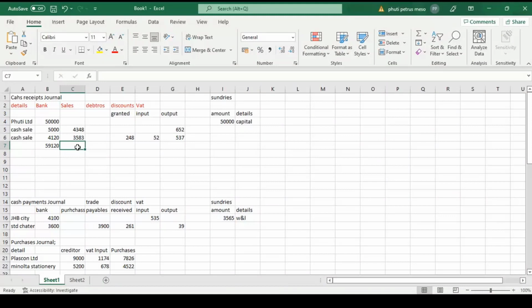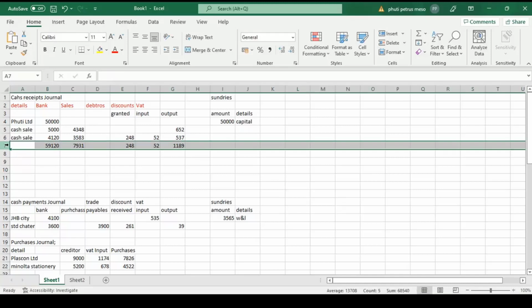You plus it with 3583. Your total is 7931. Right, and here the total will be 248,852. Here is 652 plus 537, 1189. So these are your totals, and then you can just simply highlight them like this.